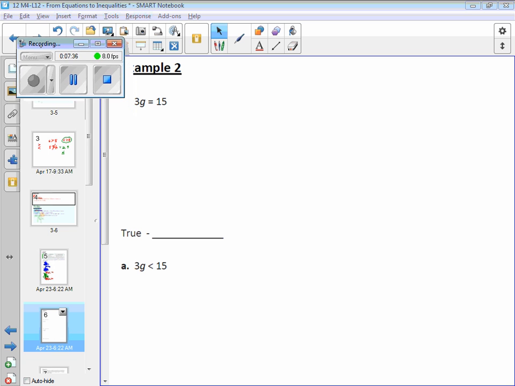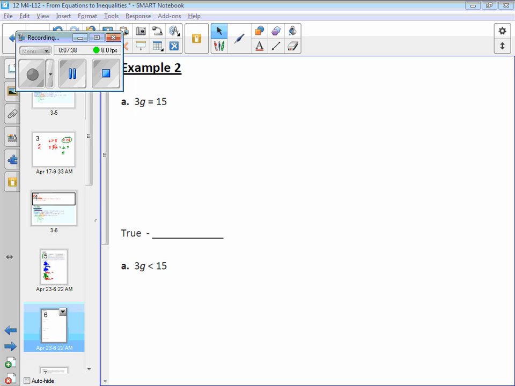Anybody want to come up and solve 3g equals 15 using railroad tracks? Nate, you have to reach a little bit because you can't scroll any lower. Try it.